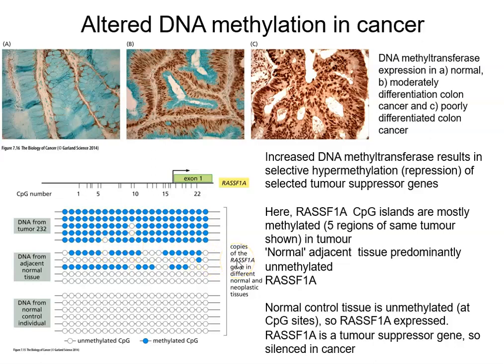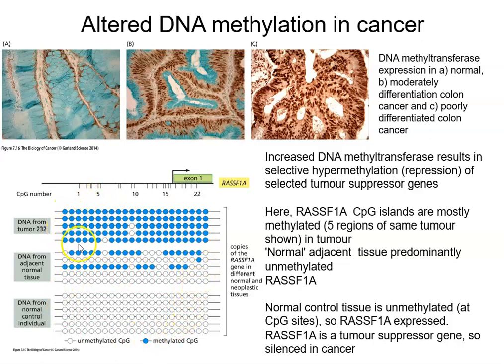So this is one tumor suppressor gene called the RASSF1A gene. It's a tumor suppressor gene that's important in cancer and particularly colon cancer. And these circles here represent CpG islands around the promoter region. So this is exon 1, this is the promoter region. And what you can see is in normal control individuals, all of these CpG islands are unmethylated.